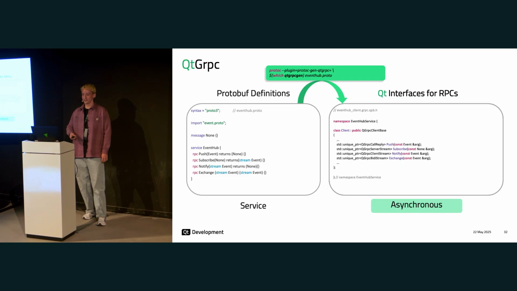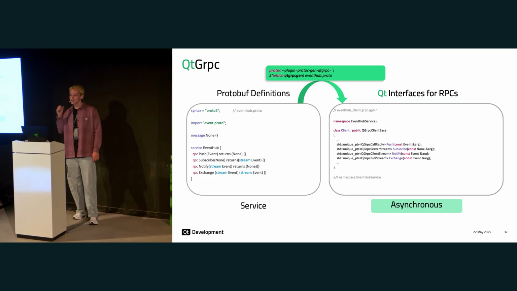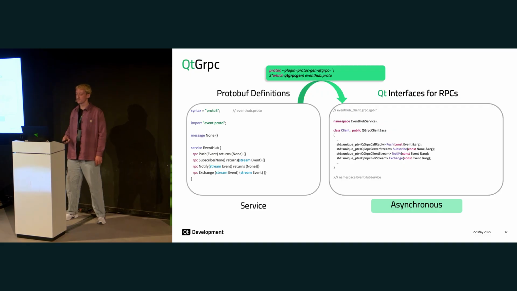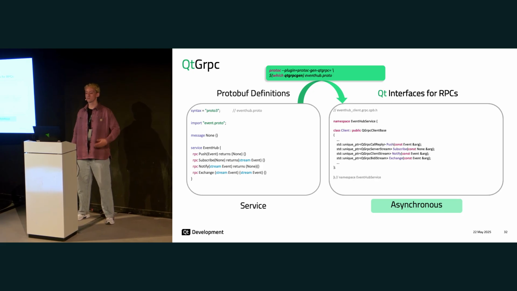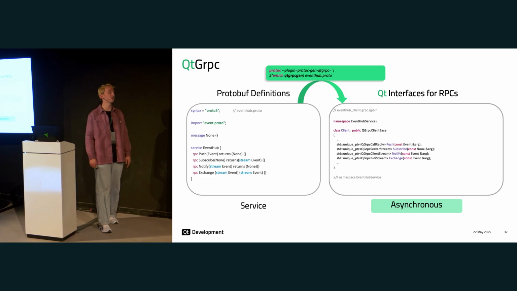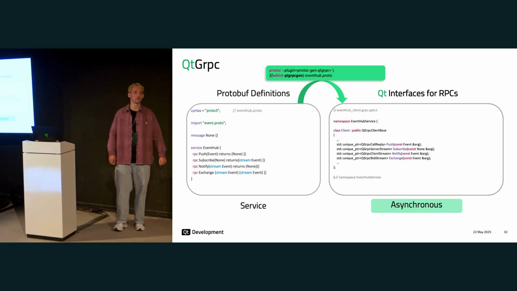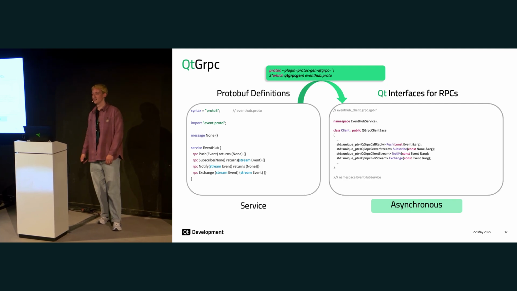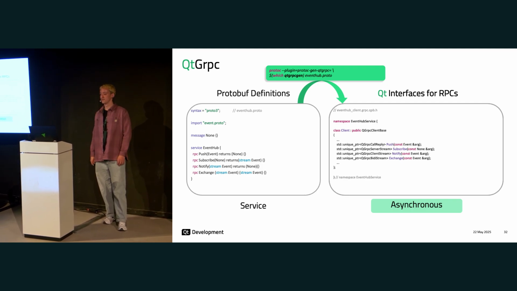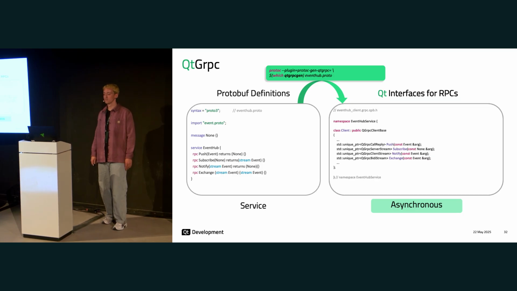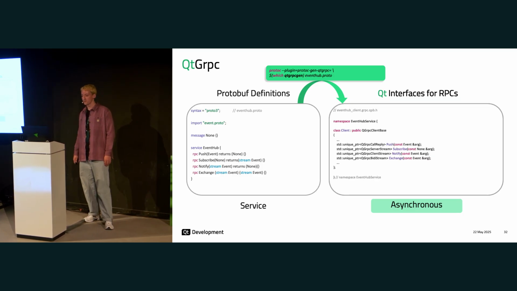And on that interface, you would just call the methods as you wish: push, subscribe, notify, and would get a handler for it where you would interact with it. But I don't want to get into too much detail here. You can check out the good documentation that I already mentioned if you're keen to explore more. And it's only asynchronous, so we don't have a synchronous version of it.